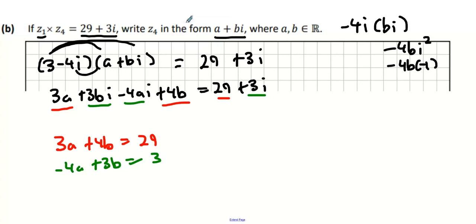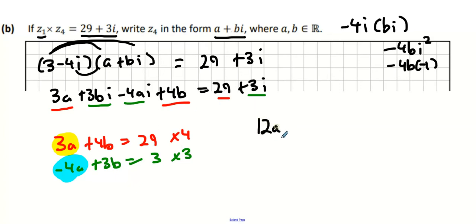Now we have a simultaneous equation. I'm going to get rid of the a's by turning this into a 12a, and this one into a minus 12a. So the red equation gets multiplied by 4, and the green equation gets multiplied by 3, and this should work out nicely.